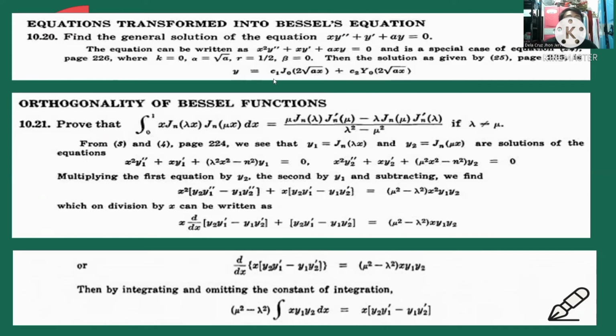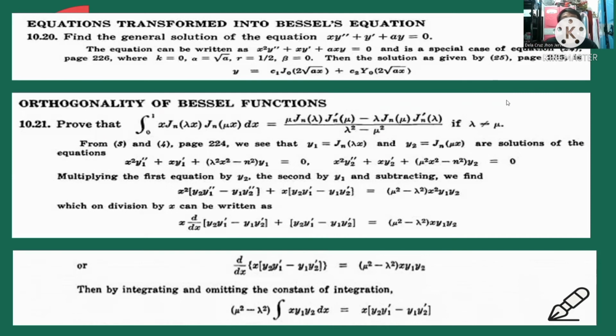Sabi rito, the equation can be written as x squared y double prime plus x y prime plus a x y equals 0 and is a special case of equation 24, page 226, where k equals 0, yung alpha naman natin ay equal siya square root of a, yung r ay equals 1/2, yung beta naman equal siya naman sa 0.